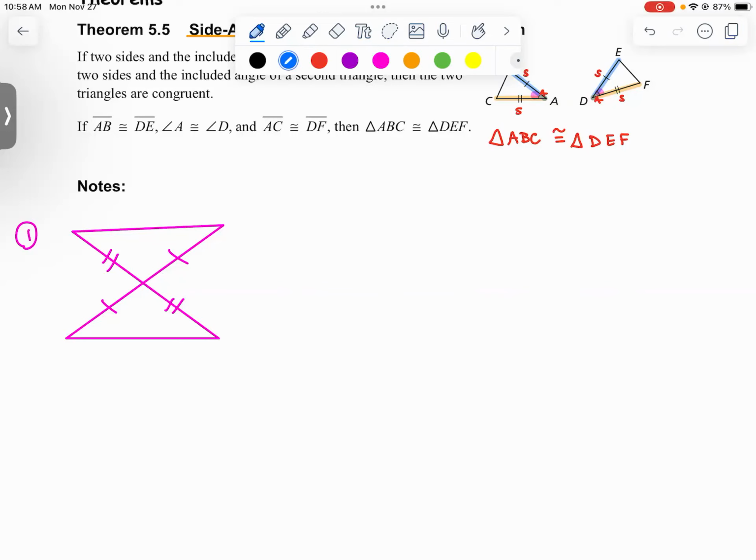What do we need in between the two congruent sides? Do we have congruent angles? Oh, we have vertical angles. And what do we know about vertical angles? They're congruent. So now do we have side angle side? Yes, these are congruent by side angle side.